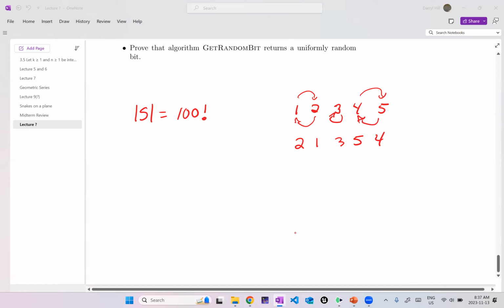Now, if we want a cycle of all of these numbers, one easy way to do that is just to shift all the numbers to the right, for instance. So 5 will come to the front, then 1, 2, 3, 4.